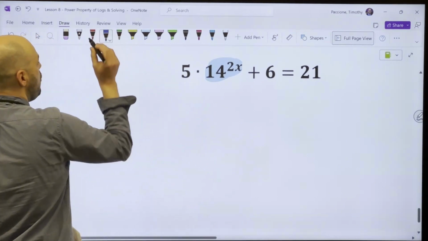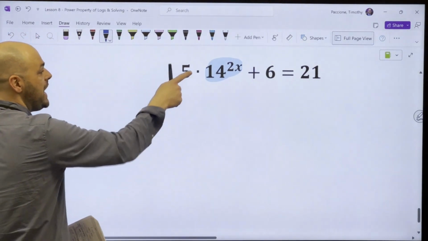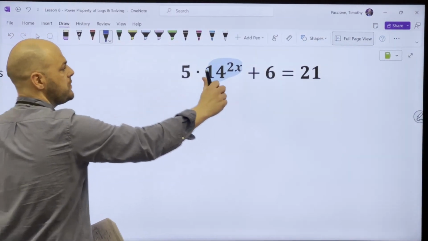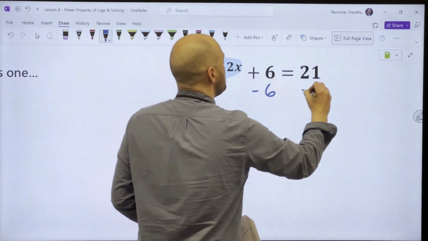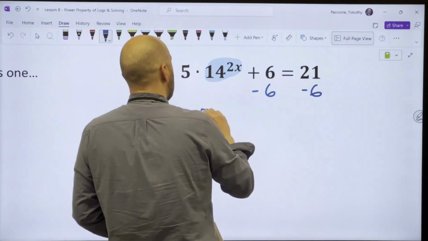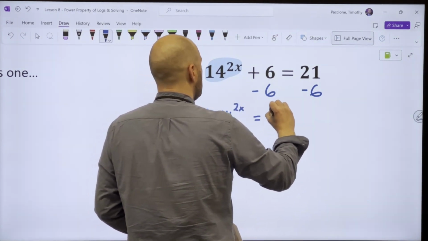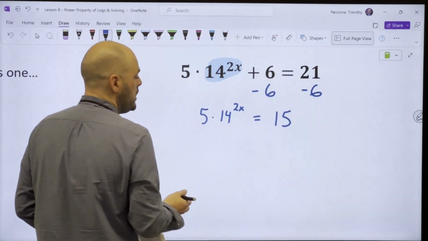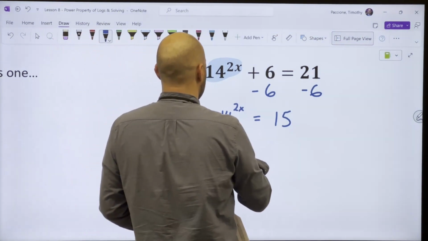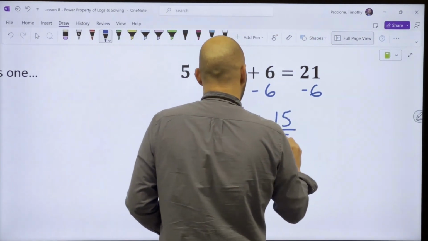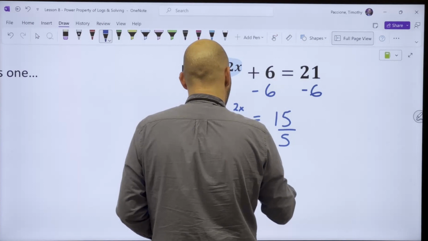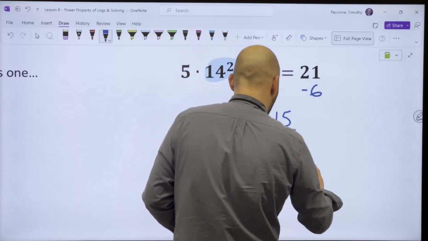So what needs to go away? 6 first, because we add or subtract first. So minus 6, 5 times 14 to the 2x equals 15. Then I would divide by 5. Good. And I get 14 to the 2x equals 3.